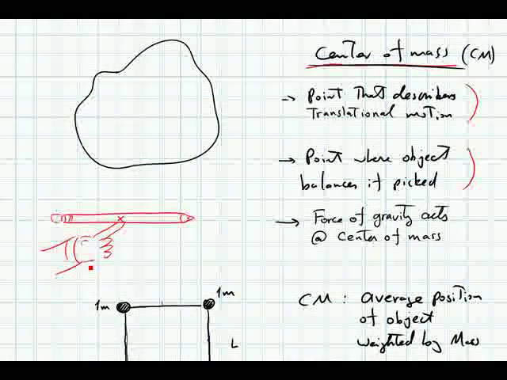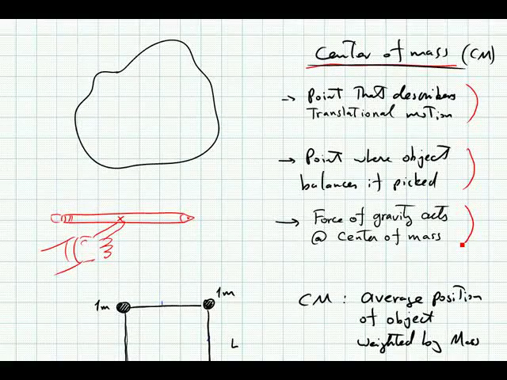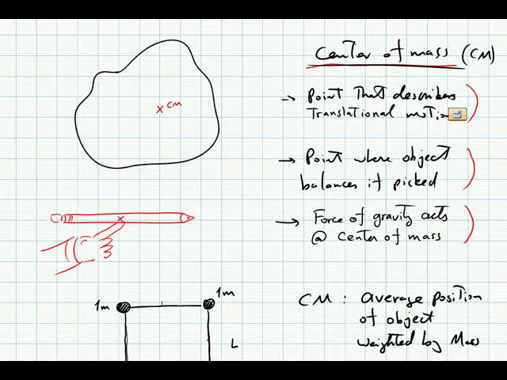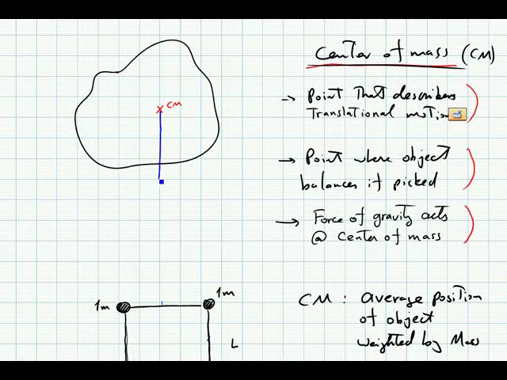And furthermore, the center of mass is the point where the force due to gravity, or weight, seems to act. So if the center of mass of the object that I have up here is, for the sake of argument, where I put the X mark, then the force of gravity on this object seems to act at the center of mass.